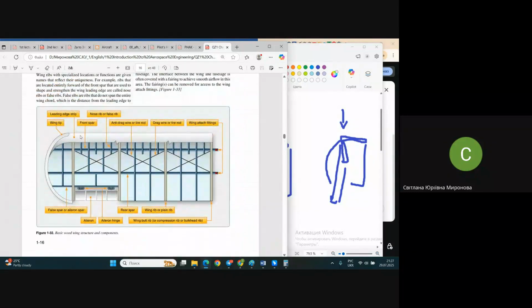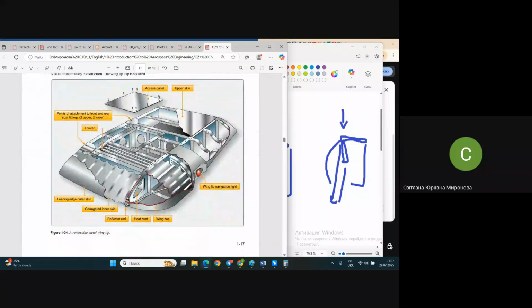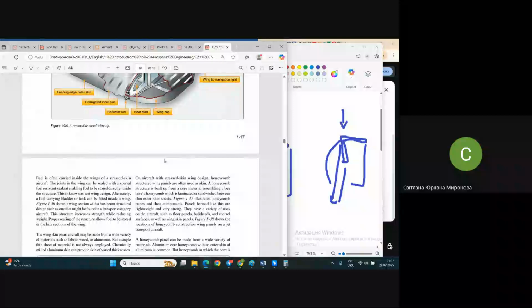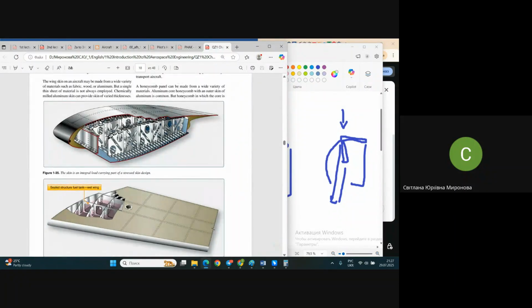Maybe the same structure approximately in this area near the tip. We see the spar and the end of the rear spar, and we see ribs here. Of course, real structure is much more complex than any schemes, any simplifications. But at least we need to get used to watching this and understanding it.